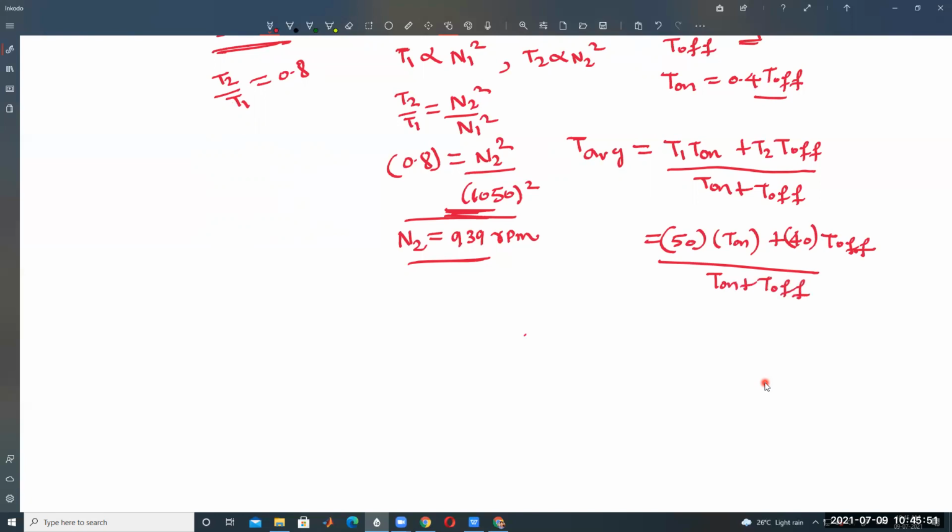Then substitute T on is equal to 0.4 times T off. We will get the total expression in the form of T off. Numerator has T off and the denominator also has T off, and then T off cancels. And we will get the average torque.